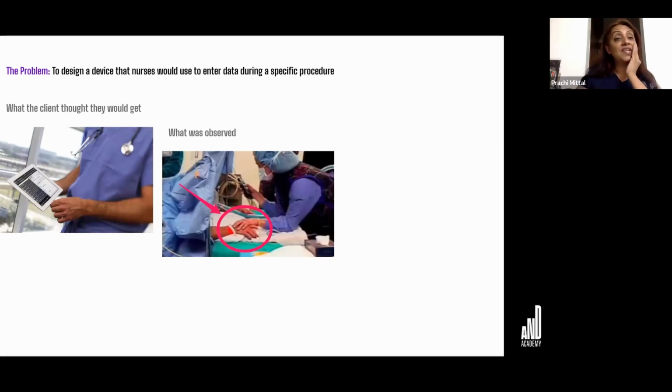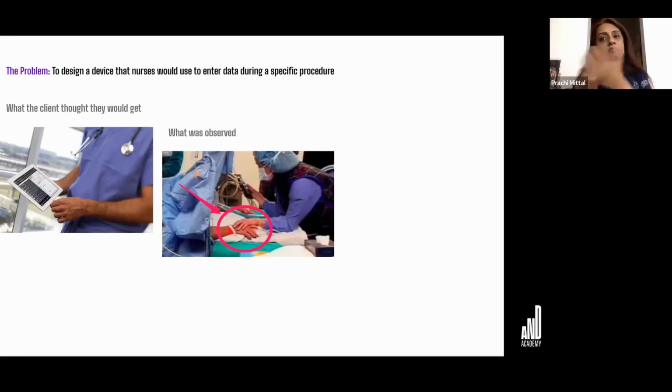Okay, so this is an example of a product which was developed by IDEO. IDEO is a design lab in America. And what were they asked to do? They were asked to design a device that nurses would use to enter data during a specific procedure.